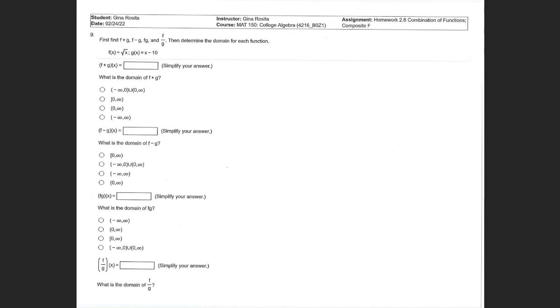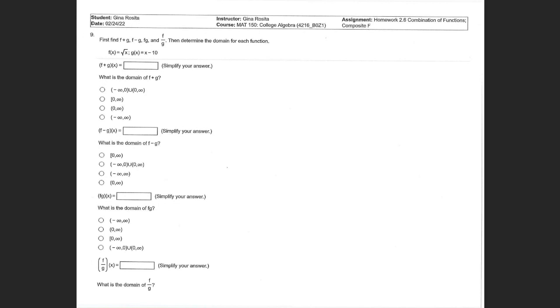Then determine the domain for each function. f of x equals square root of x, g of x equals x minus 10. First, you have to do f plus g of x. Now you have to simplify.